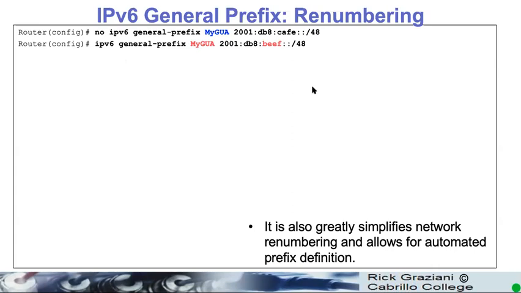And now what I'm doing is creating a new global routing prefix. Let's say we changed ISPs, and instead of this being our global routing prefix, this is our global routing prefix. But we don't want to change anything else. We want all of our subnetting and interface IDs and everything else to remain the same. We don't want to have to make a bunch of changes.